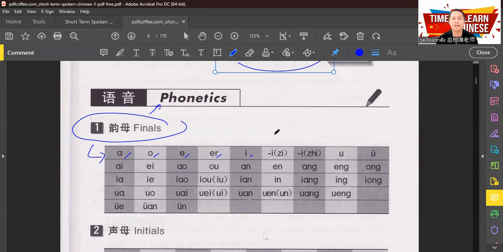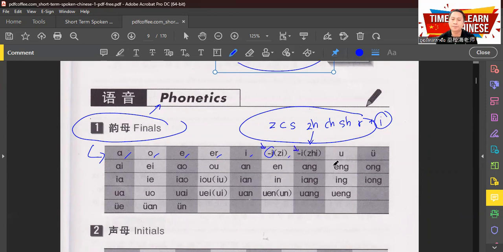I is E. Next one is also I, but when I follows Z, C, S, ZH, SH, and also R, we put I after these characters, and we have to pronounce it differently.